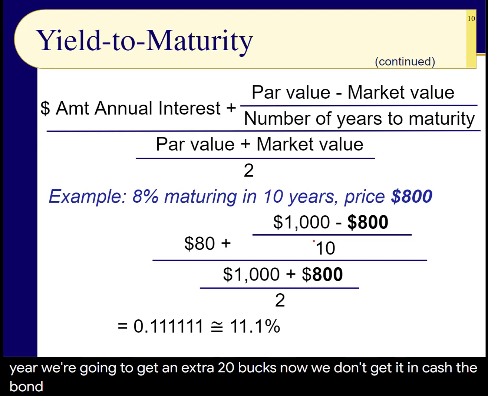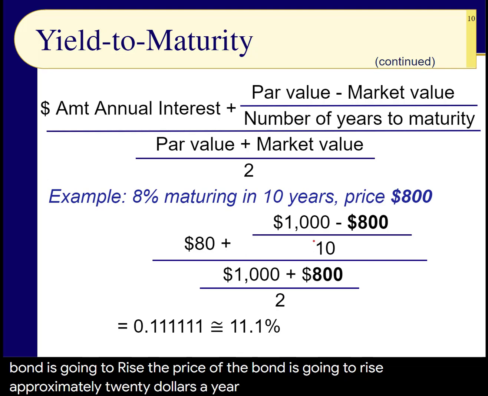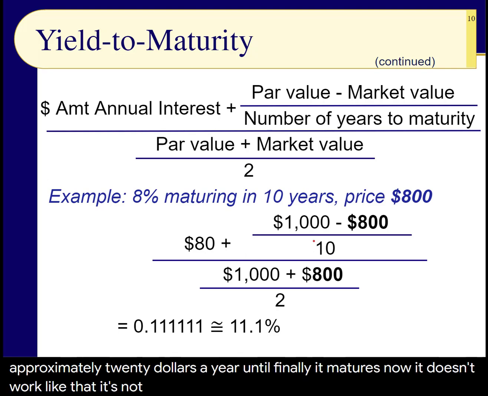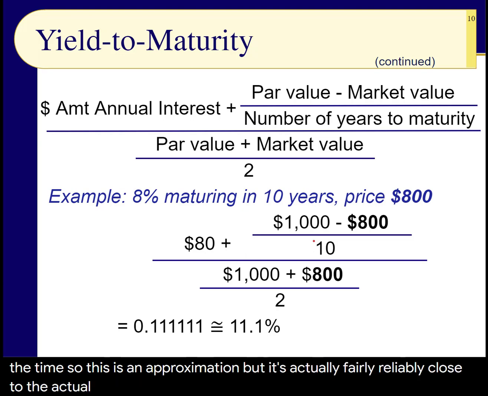The price of the bond is going to rise approximately $20 a year until finally it matures. Now, it doesn't work like that. It's not because interest rates are changing all the time. So this is an approximation, but it's actually fairly reliably close to the actual yield to maturity. So that's what we use.